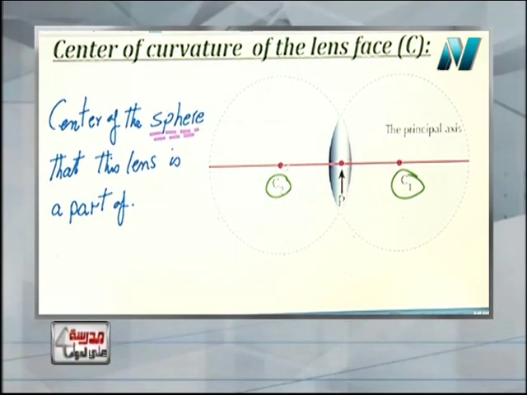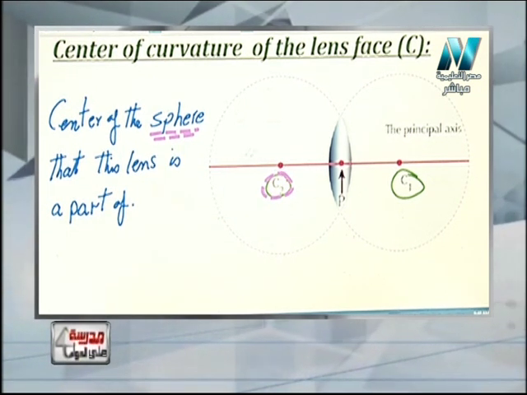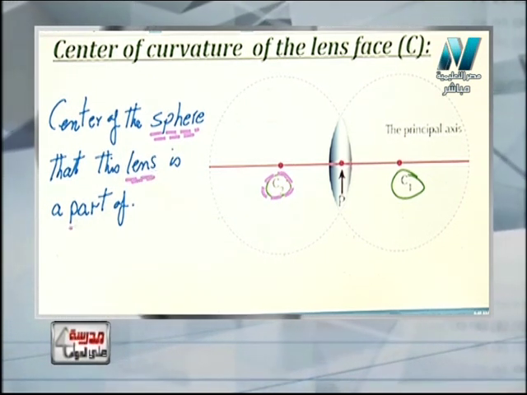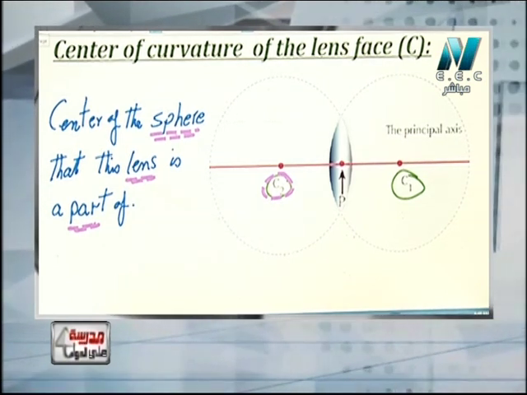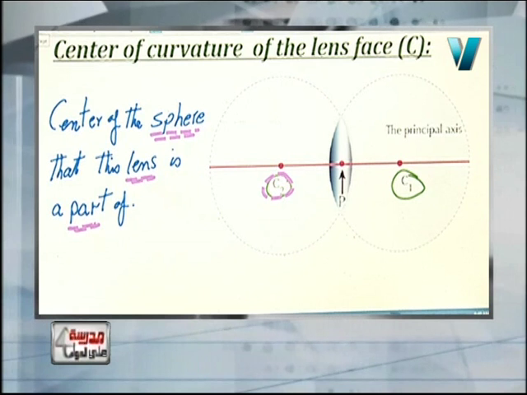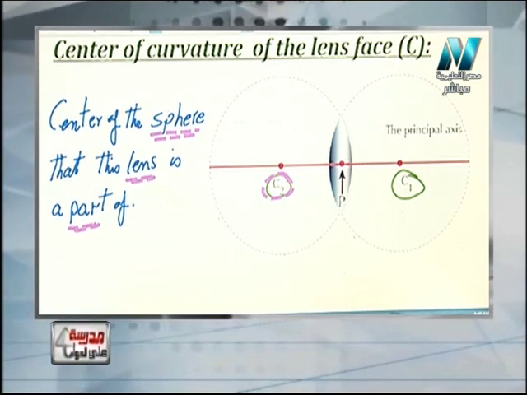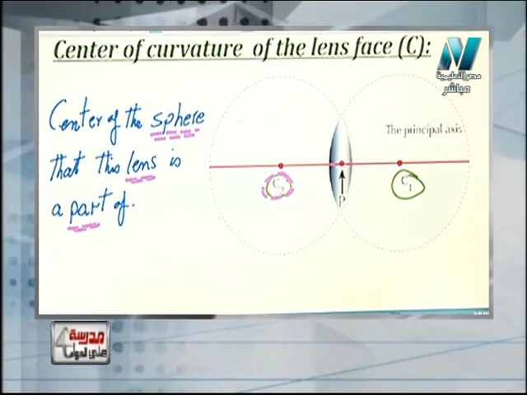As we see here we have the center of the sphere. We have two faces of the lens, not only one face, because the lens is a part of two spheres, not only one sphere as a spherical mirror.